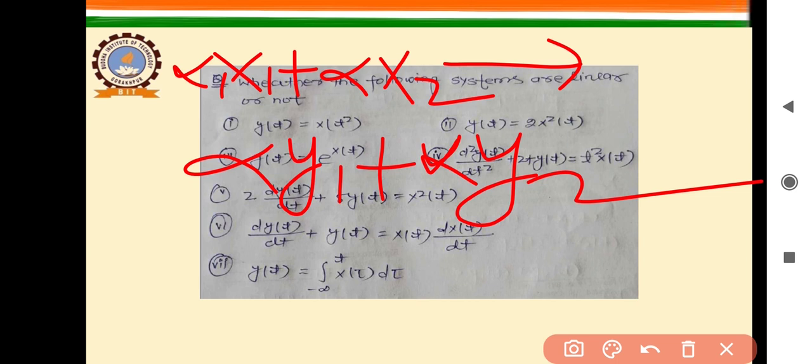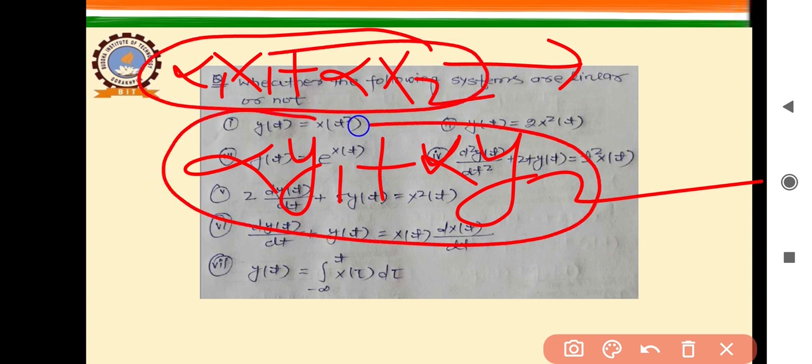So if a weighted input produces a weighted output, then we can say that the given system is a linear system. So there is another method to check for linearity of the system. This is all for this lecture, and thanks for listening.